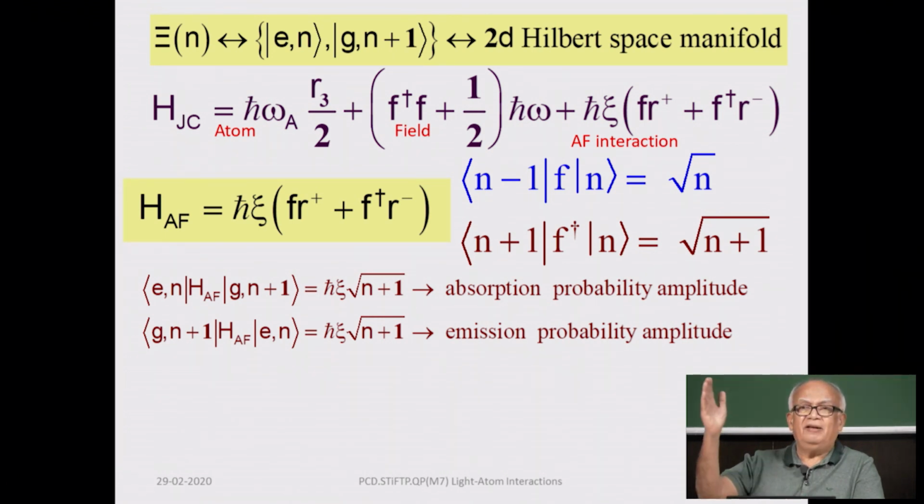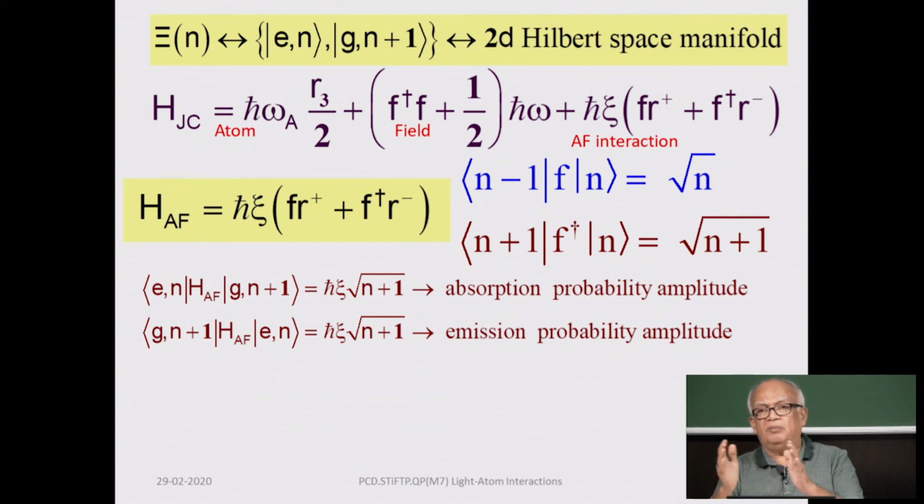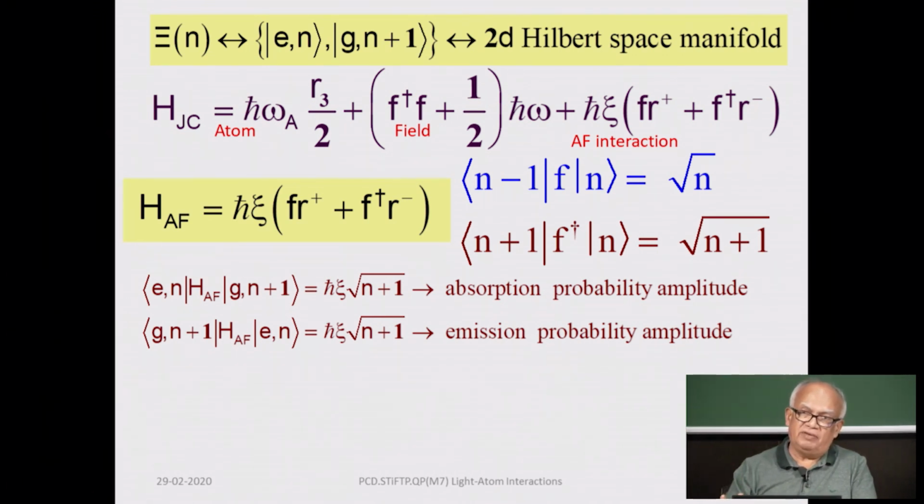So, that scaling will be done by square root of n plus 1, and this is the term coming in the transition probability amplitude, which we had defined in such a way that the Rabi frequency was proportional to that. So, the Rabi frequency will also get scaled by square root of n plus 1 depending on the number of photons in the cavity.